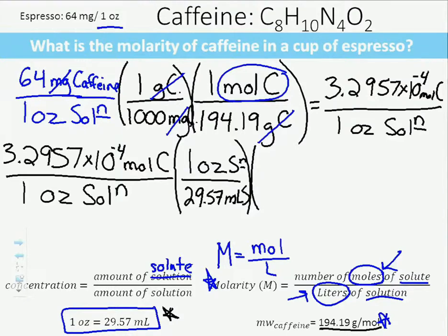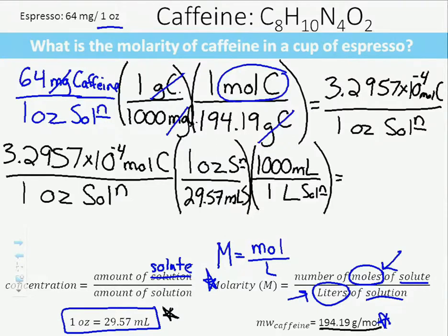Then, we're not there yet. We need to go from milliliters to liters. So remember, 1,000 milliliters for every 1 liter of solution. Let's do the math. Let's divide our 3.2957 times 10 to the minus 4 by 29.57, and then multiply it by 1,000.